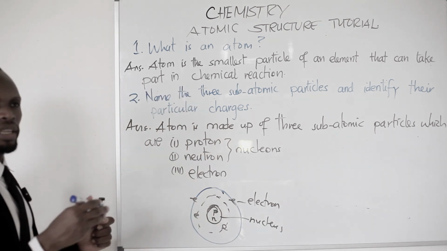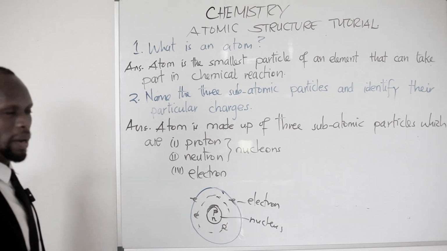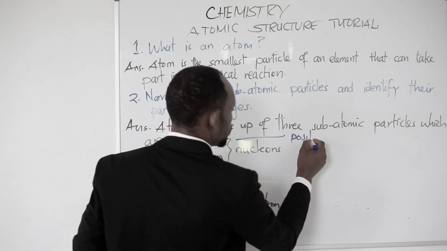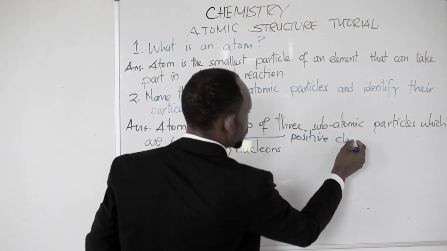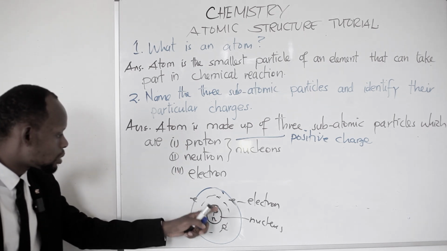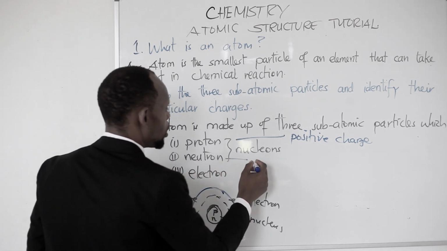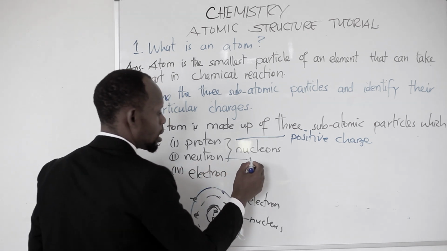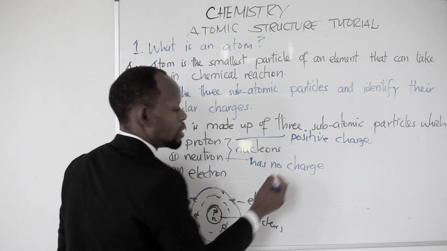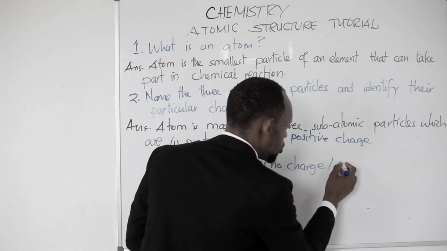Now let's see the charges. Identify the charges of these subatomic particles. The proton has a positive charge, and the proton causes the nucleus to have a positive charge. And the neutron, according to its name, has no charge, which means it has a charge of 0.